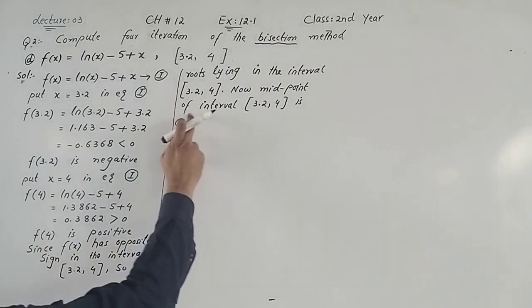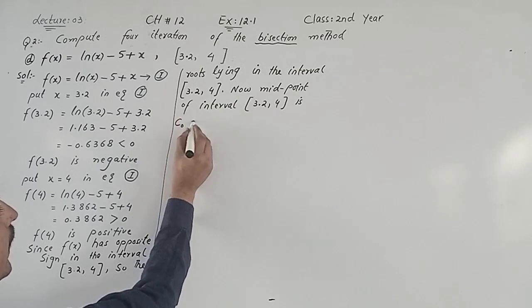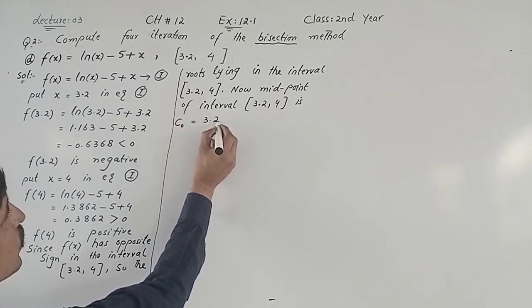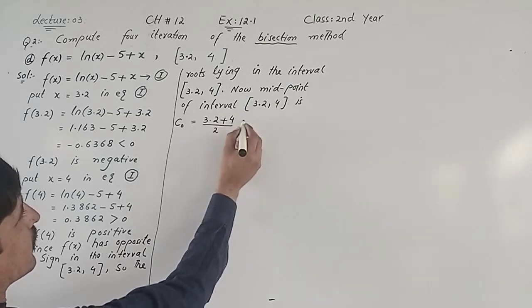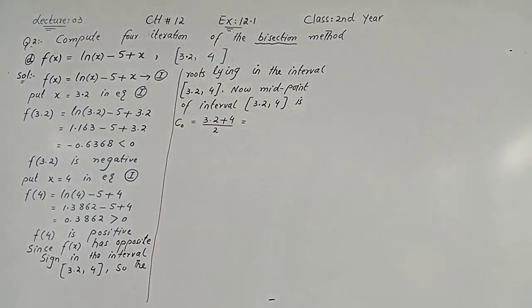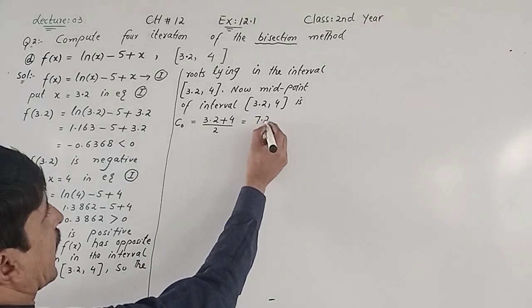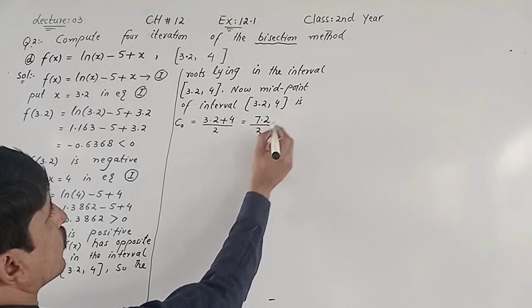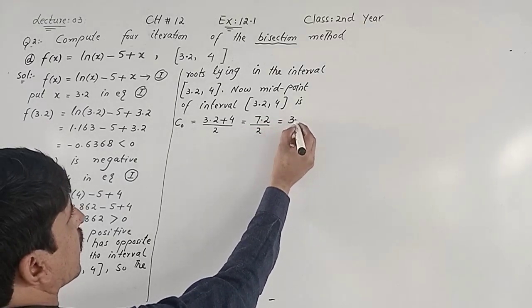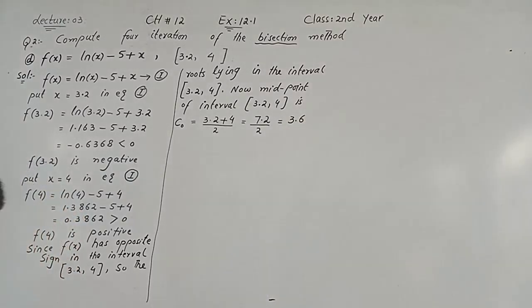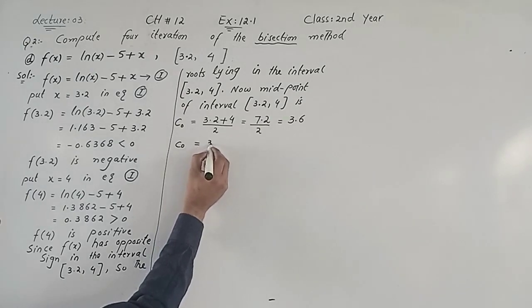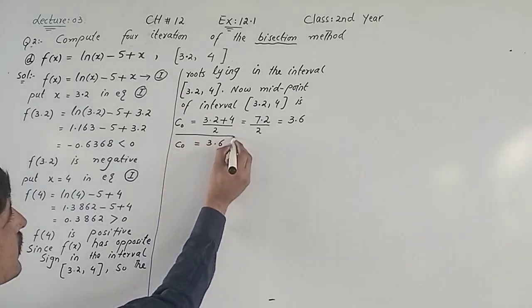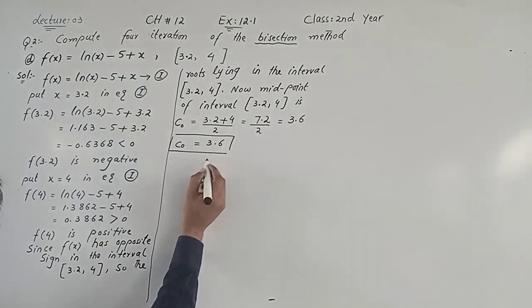So midpoint of the interval C naught is 3.2 plus 4 divided by 2, which is equal to 7.2 divided by 2, so we get 3.6. So C naught is equal to 3.6.